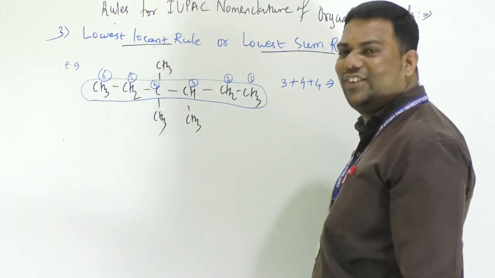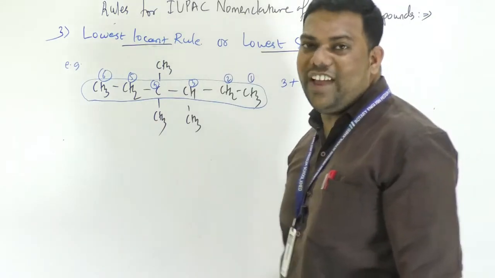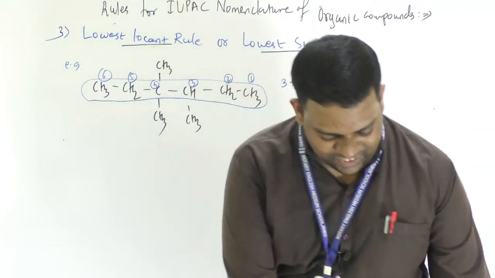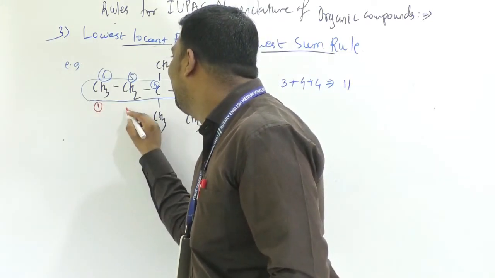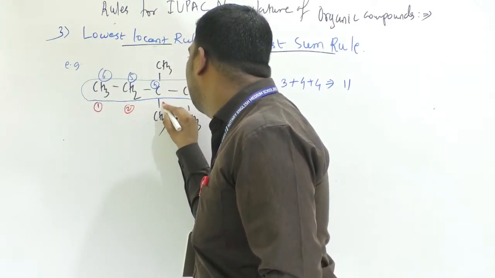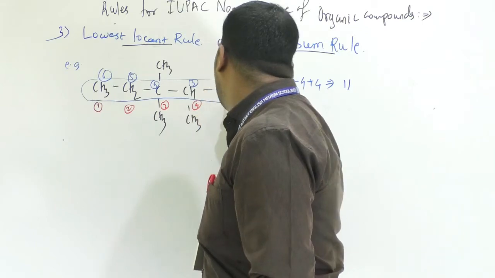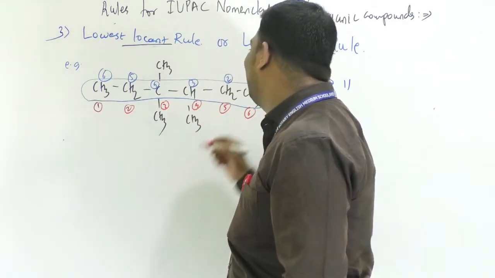Suppose I start numbering from the other side, 1, 2, 3, 4, 5 and 6.